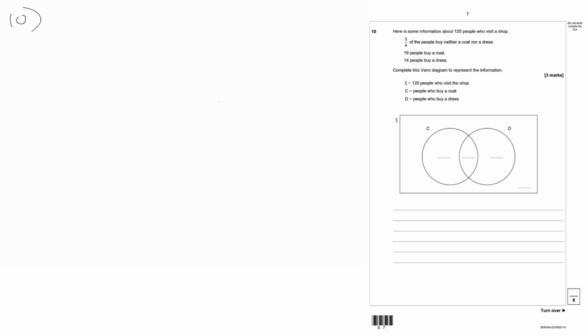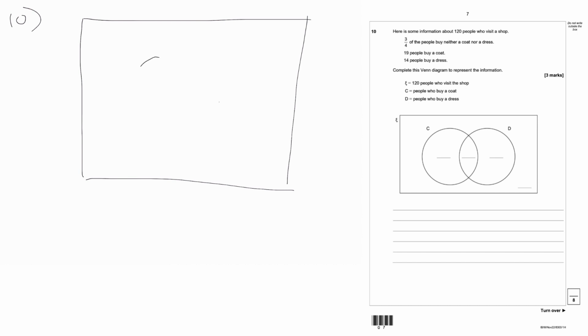So moving on to question 10, and here you can see that we're asked to write out a Venn diagram for people buying coats and dresses in a shop. And we're given a few bits of information, and that's that 3/4 of the people buy neither a coat or a dress.